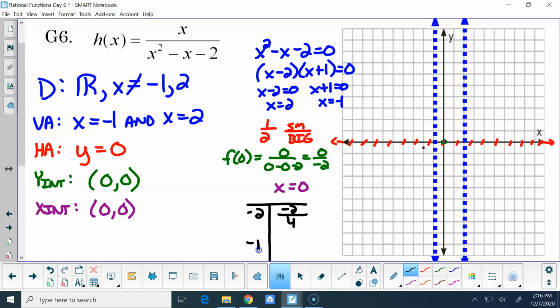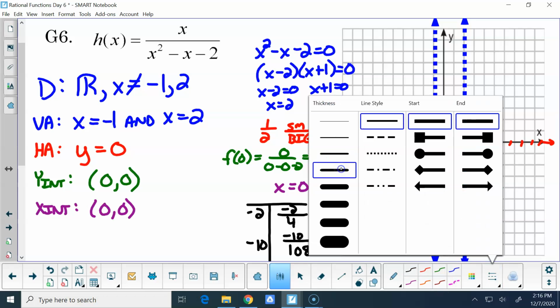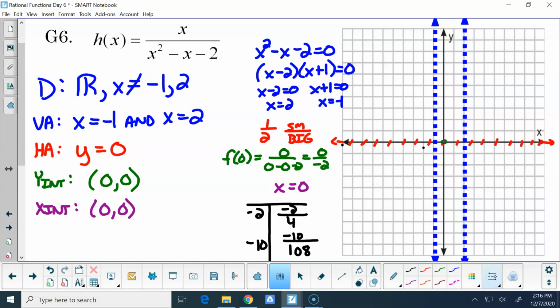Negative 10: that's going to be negative 10 on the top. 100 plus 10 is 110, minus 2 is 108. That's going to be like negative 1/10. So left zone, tight hook.